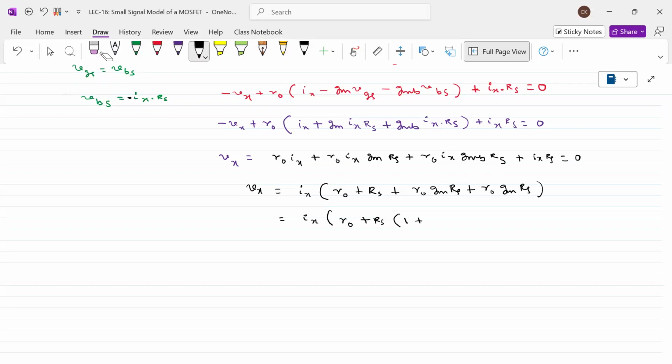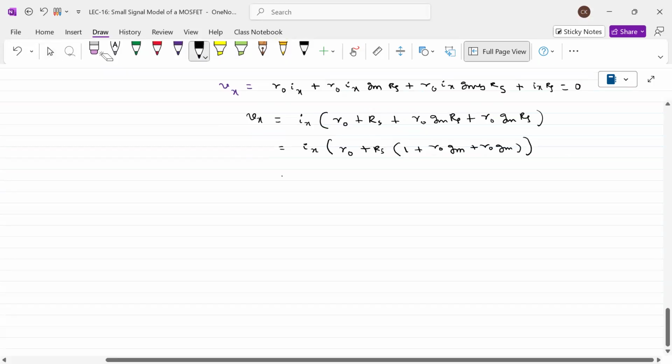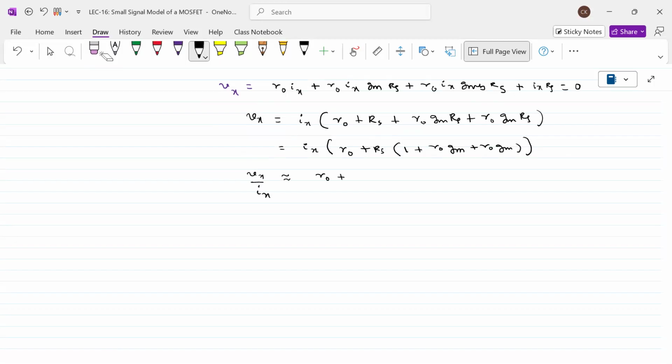So I can approximate: Vx divided by Ix is approximately R naught plus Rs multiplied with R naught. Here I can make an approximation, R naught into GMB.